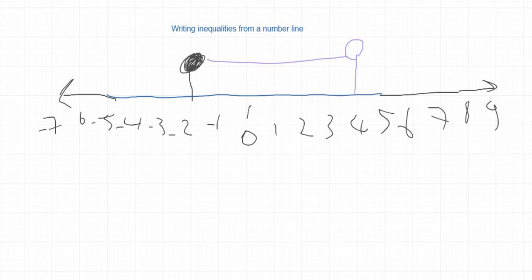So the solution of x will be confined to a lower end and an upper end. And so this is what we call a compound inequality. We would have seen it in previous videos that we looked at. So let's look at this.